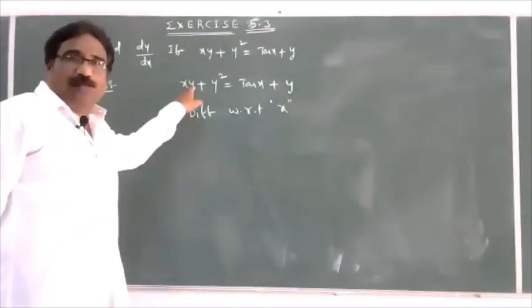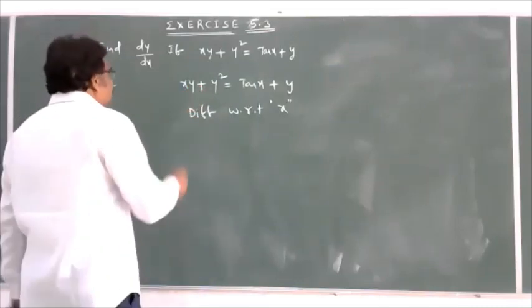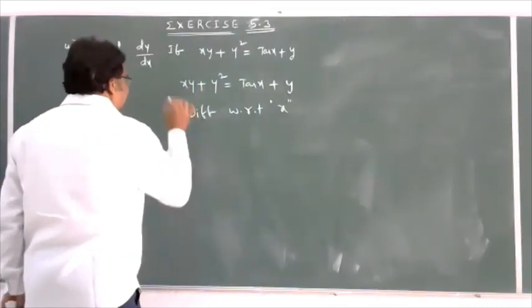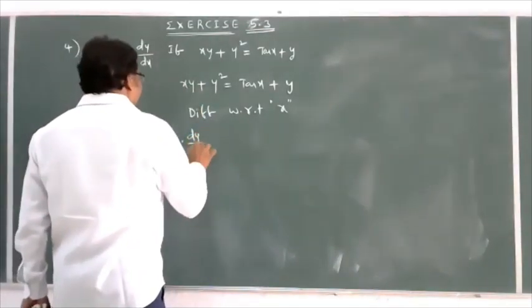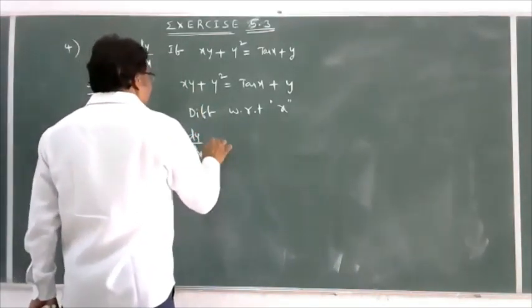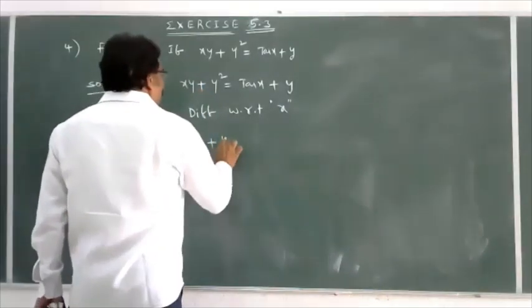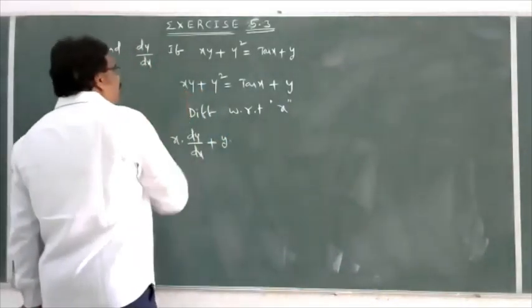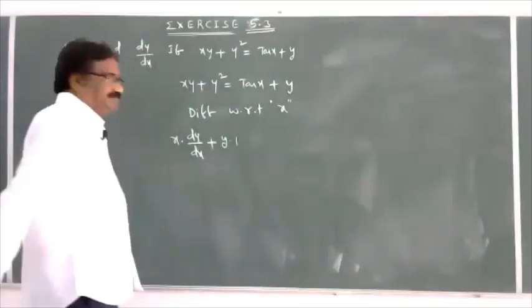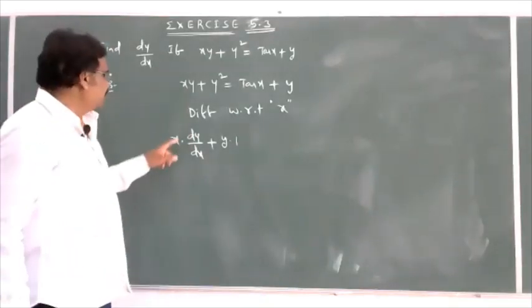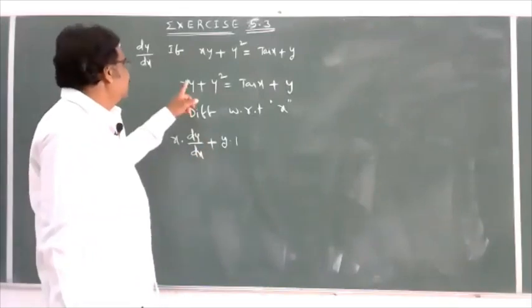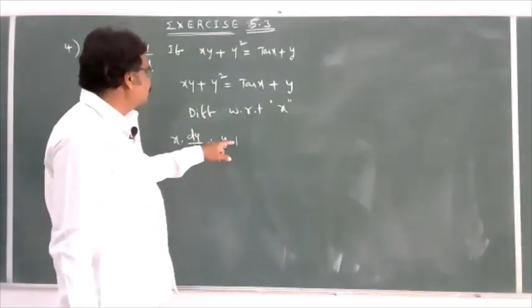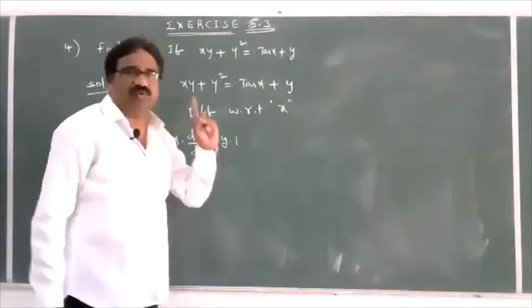Apply the UV rule, product rule, that is first function x into derivative of y, dy by dx, plus second function y into derivative of x, 1.